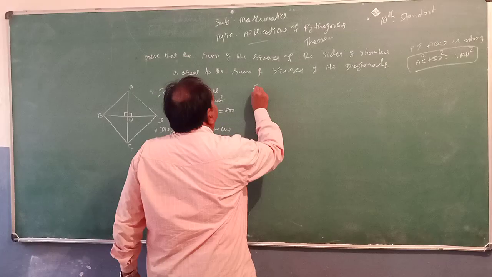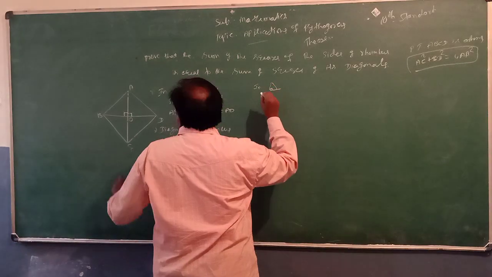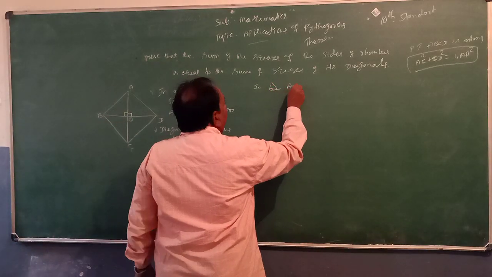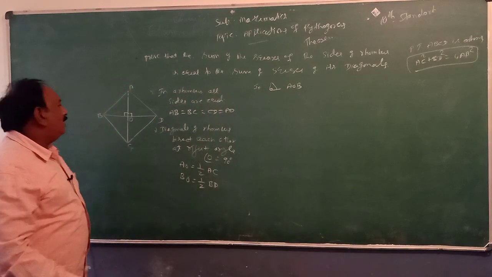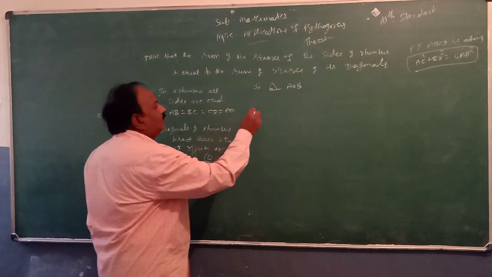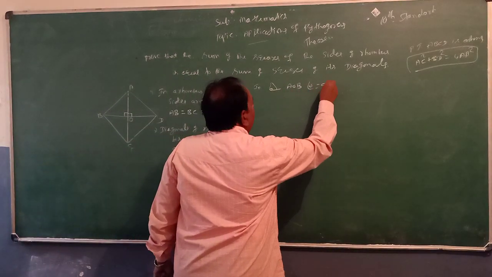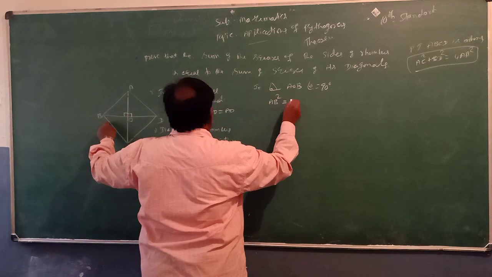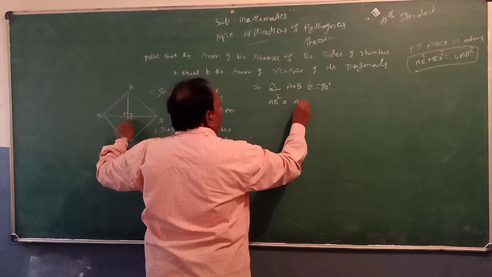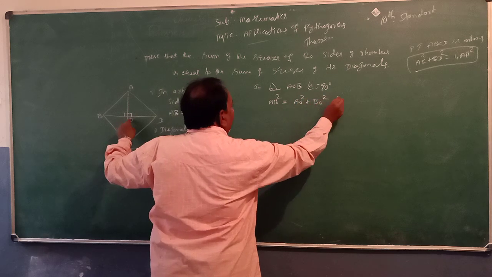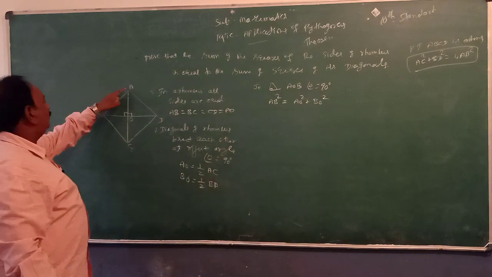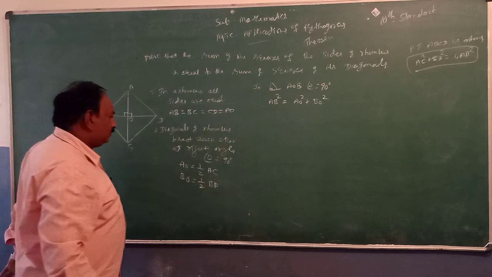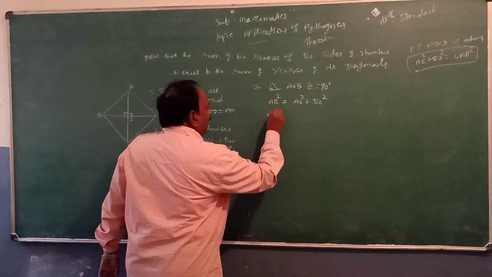Next, in right angle triangle AOB, angle O is equal to 90 degrees. Applying Pythagoras, AB squared is equal to AO square plus BO square. AB square as it is.